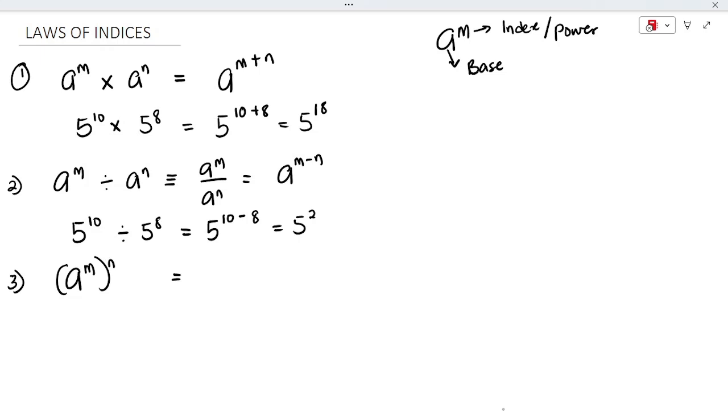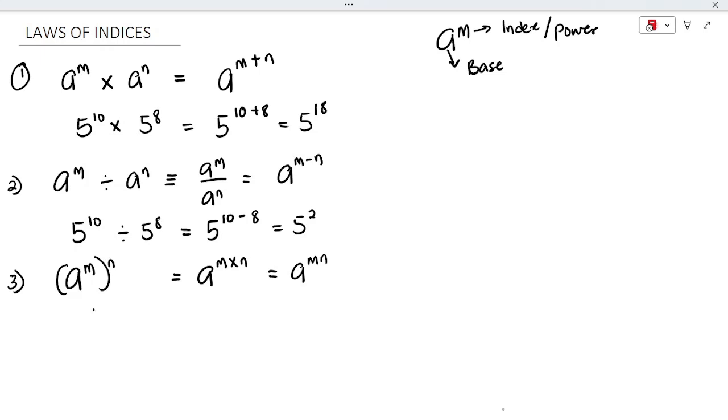You use what is inside to multiply what is outside. In this case, it's a power that is outside. So what you simply do is you use the power inside to multiply the power outside. So you have a raised to the power m times n, which, going further, m times n simply gives you mn.